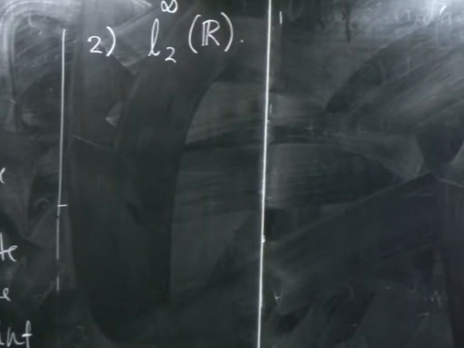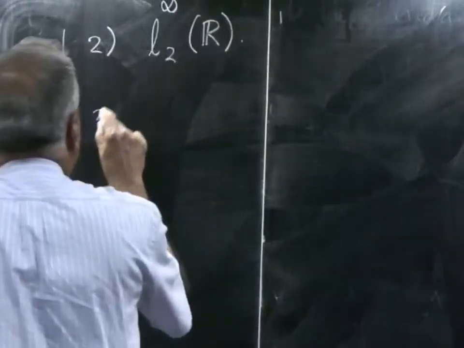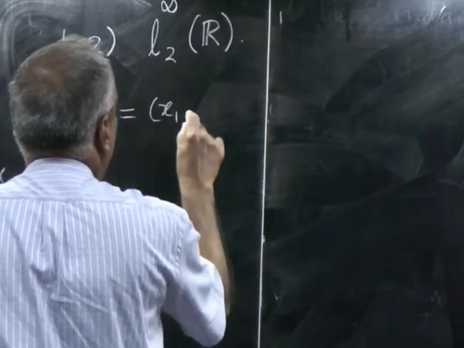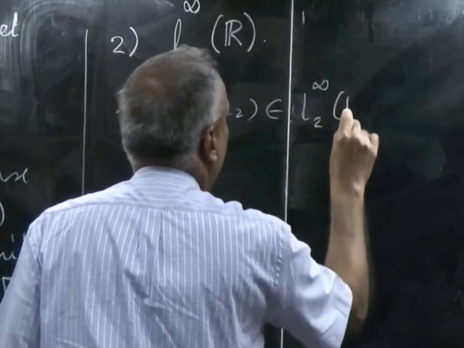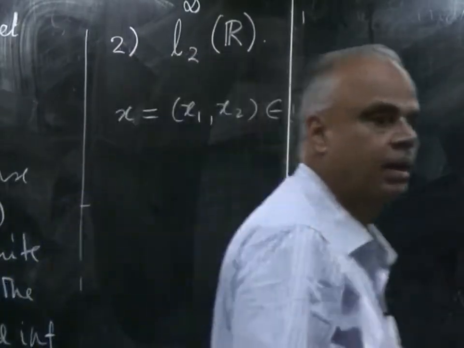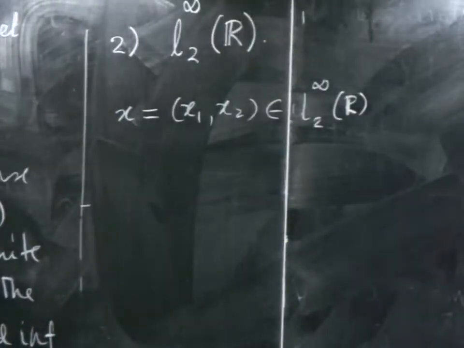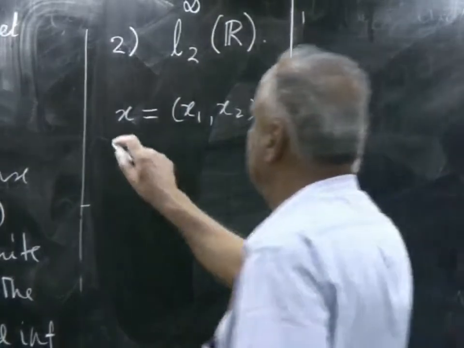Good. So now let us look at any vector in this space, any element of this metric space, and let us take any epsilon positive.